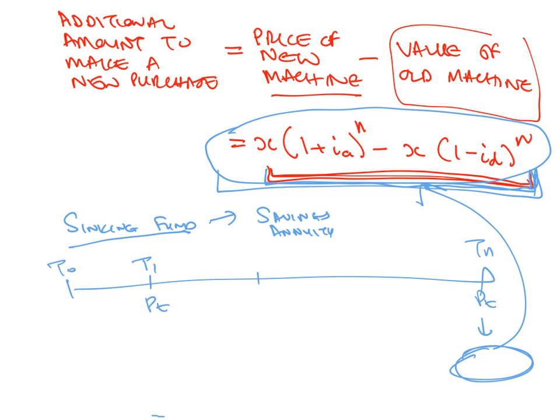But something else could happen, okay? Something else could happen to complicate this process. And that comes into effect if I need to make provision within the sinking fund for regular withdrawals.